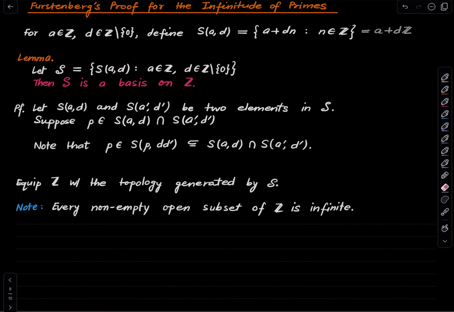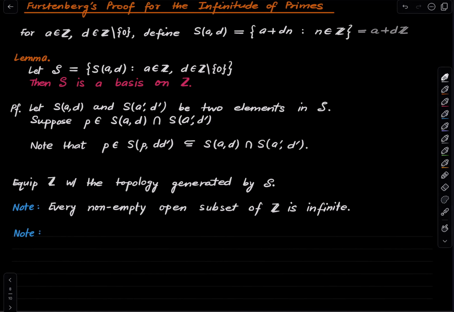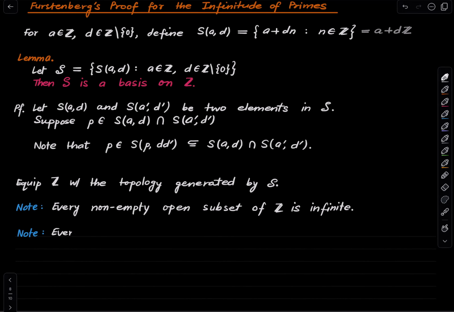And another observation, every basis element, every element of script S, is a closed set under this topology, of course. So when I say basis element, I just mean an element of script S. Okay, why is this? Here is a one line argument. We have this arbitrary basis element.